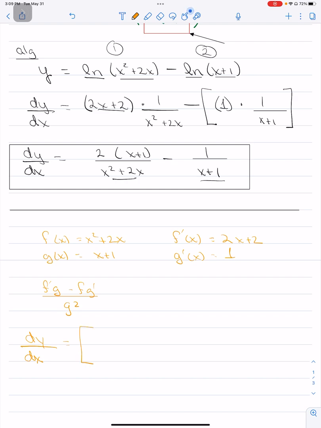So it's going to be f prime g. So f prime is the 2x plus 2 times g, which is x plus 1, minus f g prime. So f is x squared plus 2x, and that's times g prime, which is 1, just putting that for emphasis, divided by g squared, which would be x plus 1 squared.